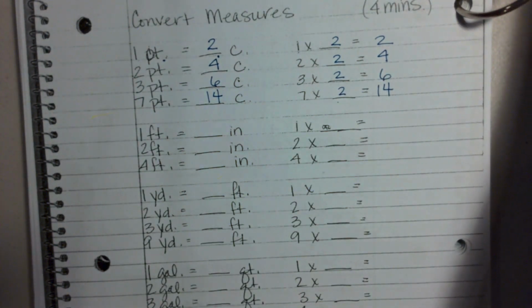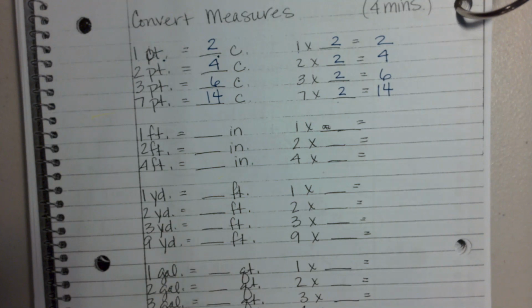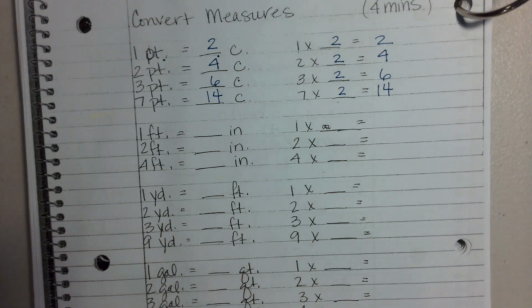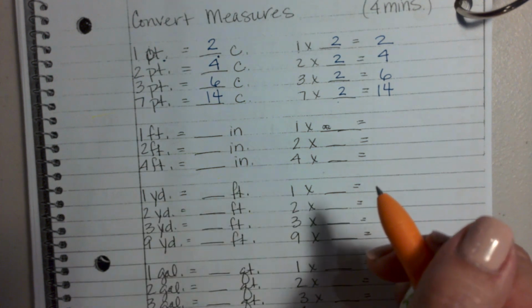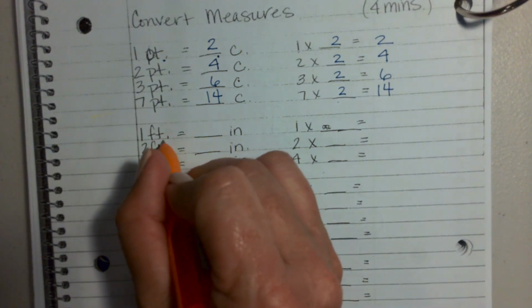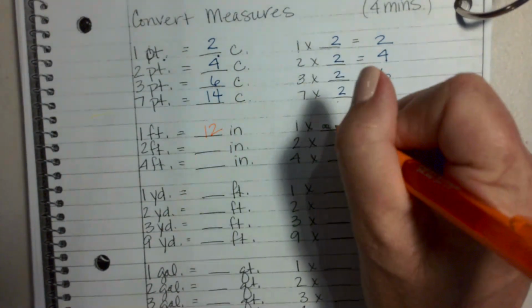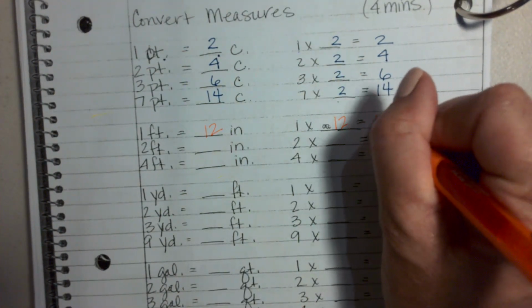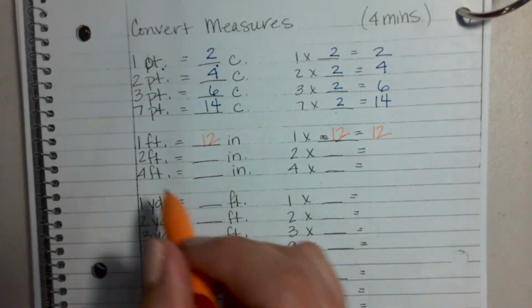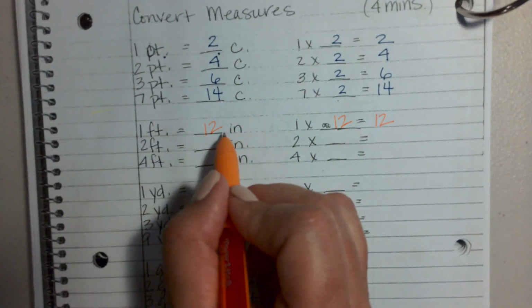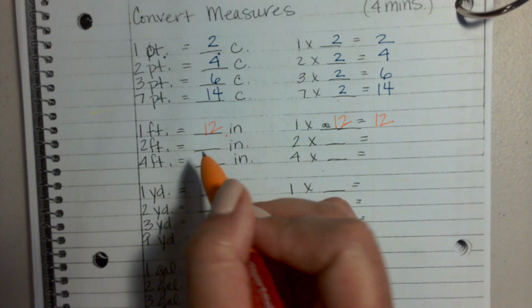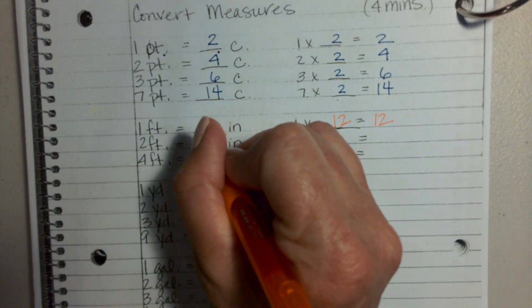All right, now feet to inches. Let's see how you do feet to inches. So hopefully you remember this. 1 foot is equal to how many inches? You're right, 12. 1 times 12 is 12. So if 1 foot equals 12 inches, 2 feet equals how many inches?